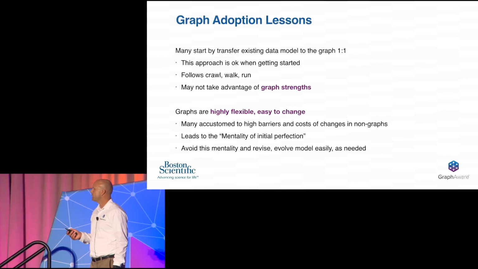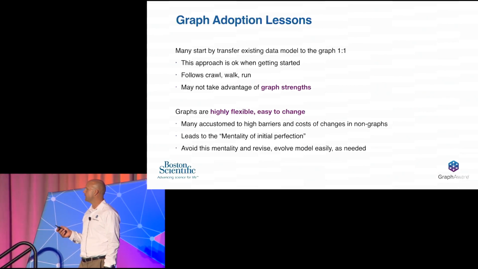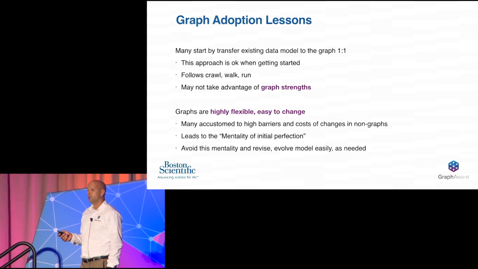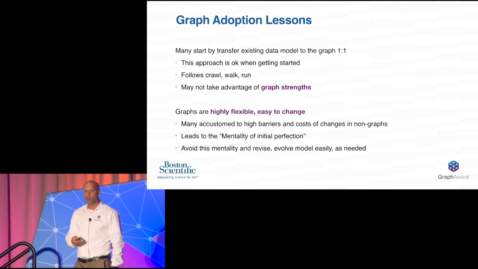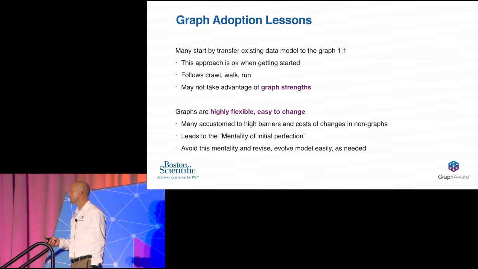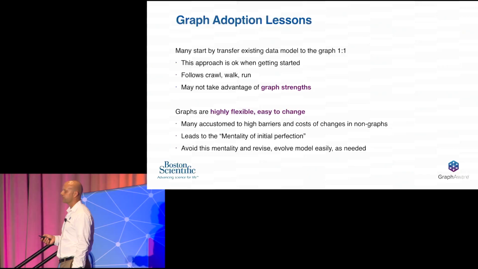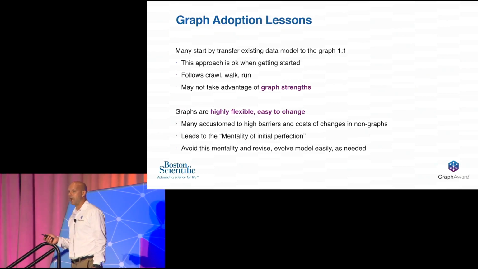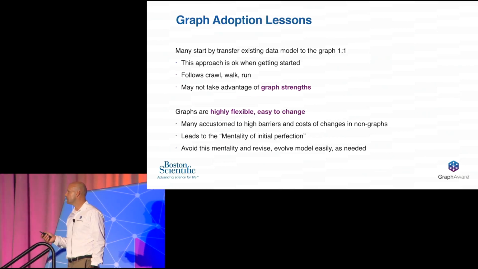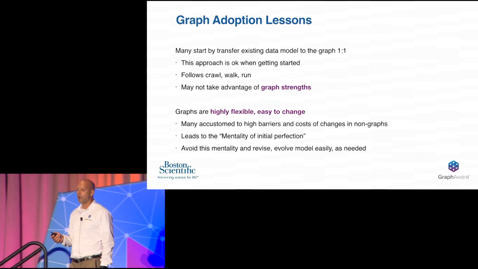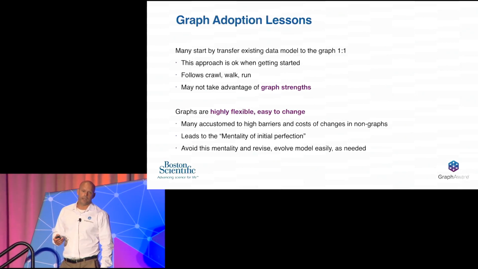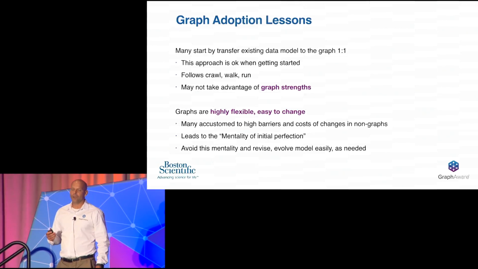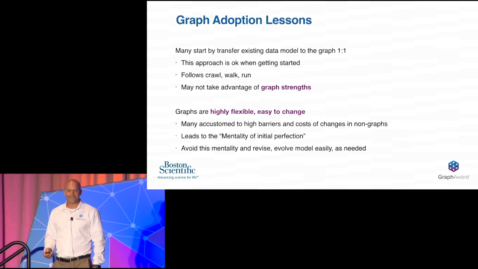The second point we like to make is that graphs are highly flexible and very easy to change. Many organizations that are moving to a graph are very accustomed to the high barriers and the high costs of changes in other non-graph systems. This leads to what I like to call the mentality of initial perfection. It's that feeling of, well, I've only got one shot, so I've got to get this database perfect.